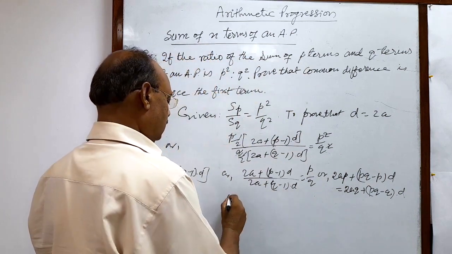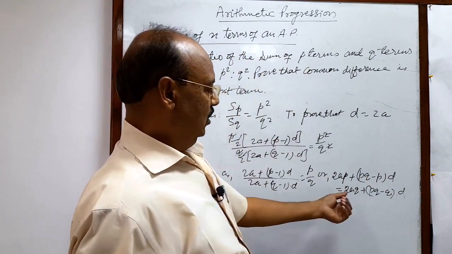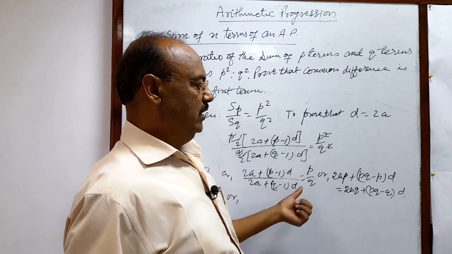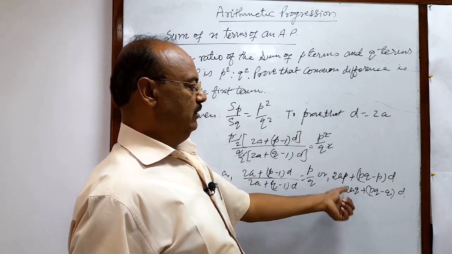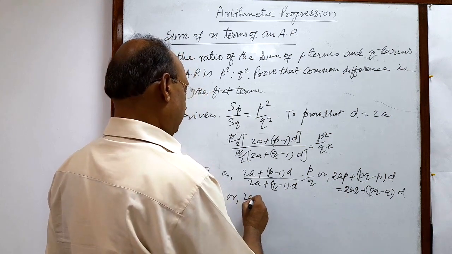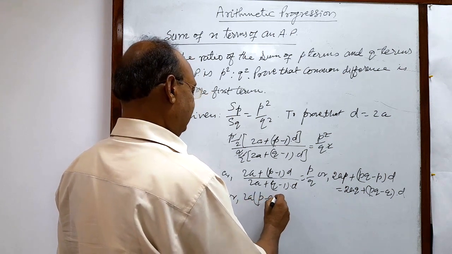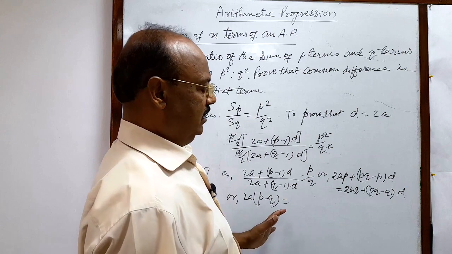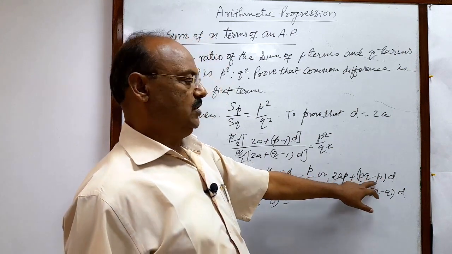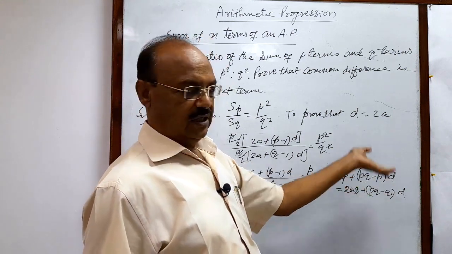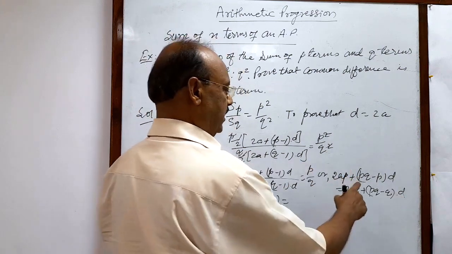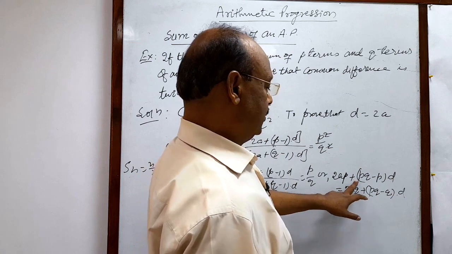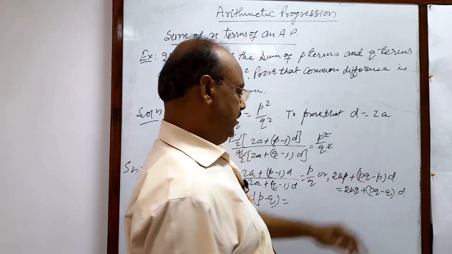Okay, now further we transpose this 2aq to the left hand side. So here 2ap and 2aq, 2a will be common, and here p minus q on the left hand side, and this part pq minus p into d will be transferred to the right hand side. So here d will be common on the right hand side, and this term will become negative.